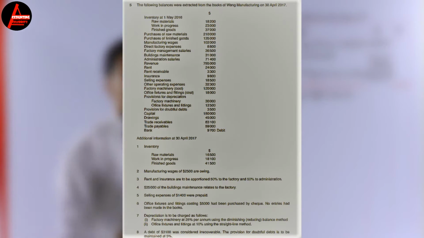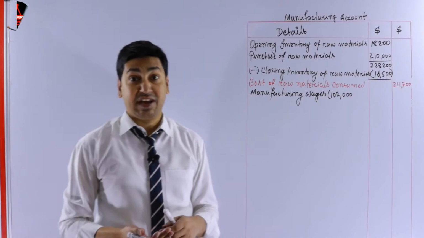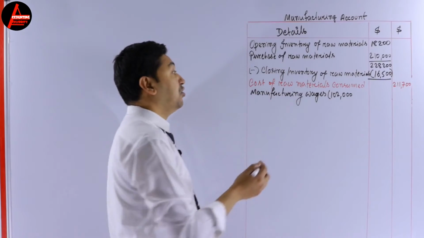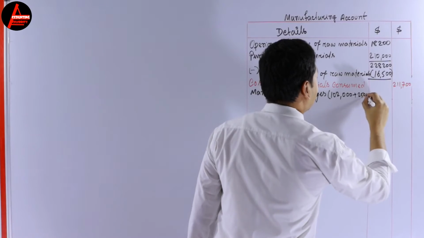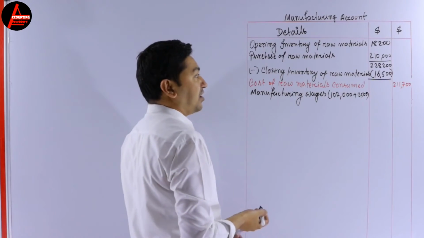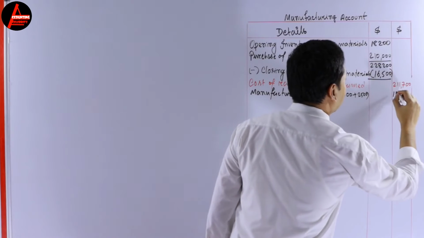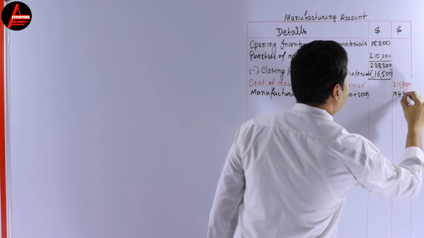Look at adjustment number 2: manufacturing wages of $2,500 are owing. Owing means outstanding, unpaid, whatever you call it. So add this $2,500 here. If you add, what is your answer? It is $104,500.